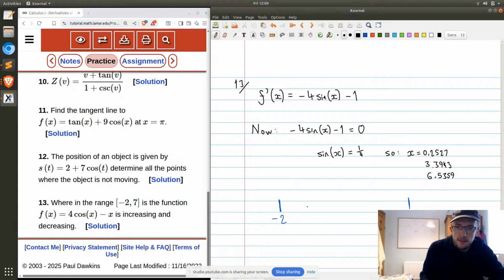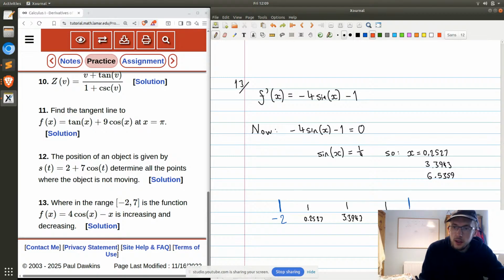And then 0.2527 is there. 3.3943 is there. And 6.5359 is there.